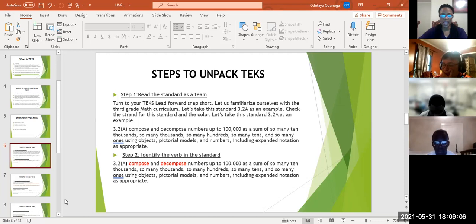So 3.2A says compose and decompose numbers up to 100,000 as a sum of so many 10,000s and so many thousands and so many hundreds and so many tens and so many ones using objects, pictorial models, and numbers, including expanded notation as appropriate.